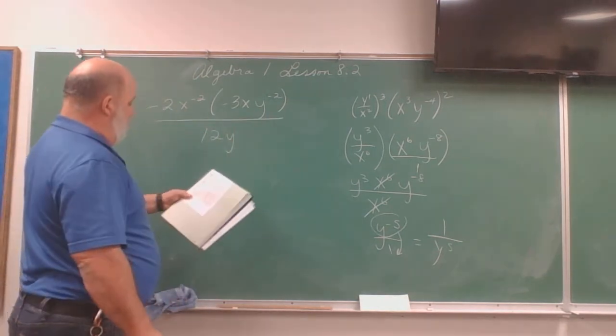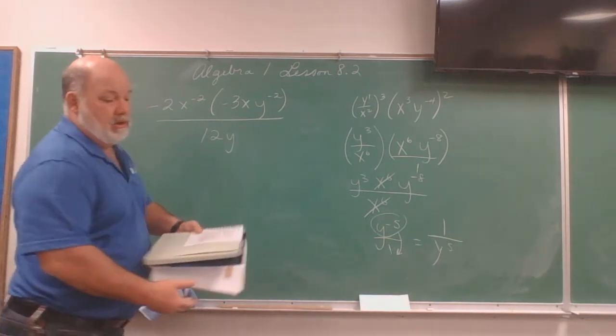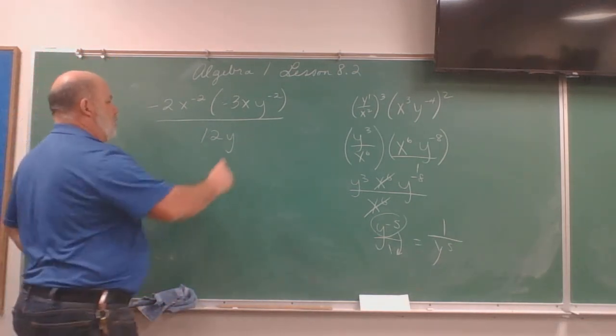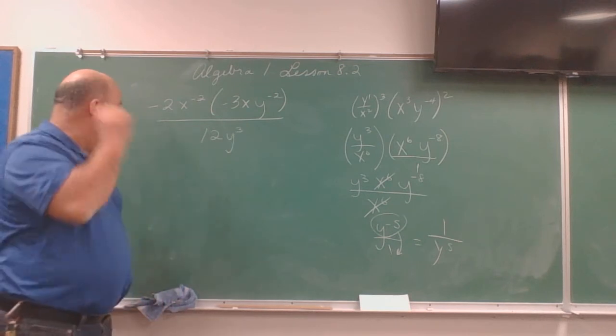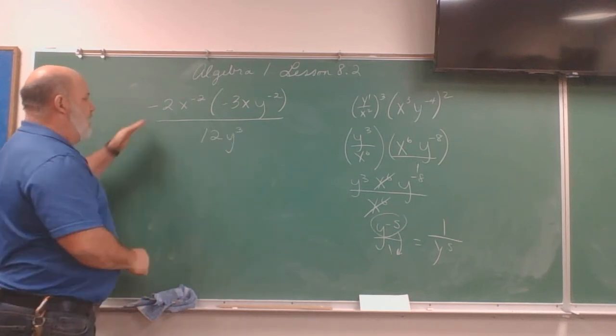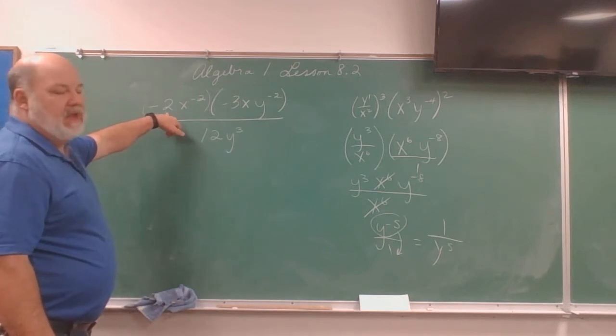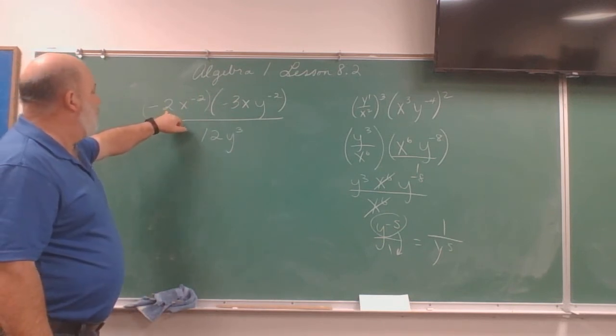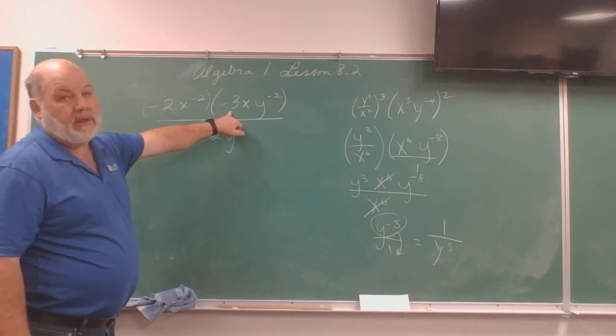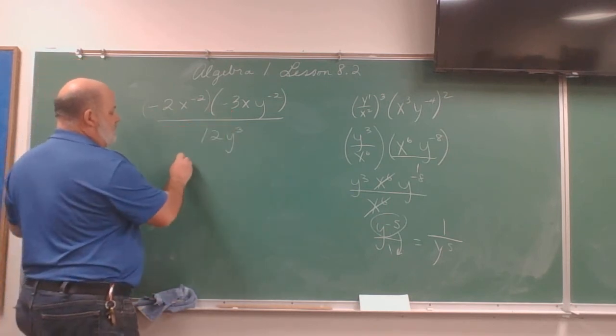Is it y squared or y cubed? It is y cubed. A lot going on here. You don't have to do this, but I'm going to put parentheses around this. Let's just take care of the numerator first. What is negative 2 times negative 3? It gives me positive 6.